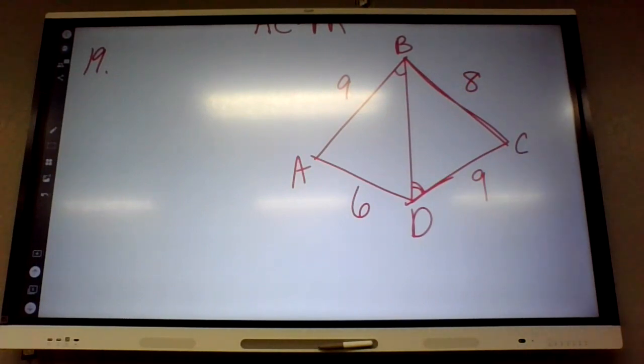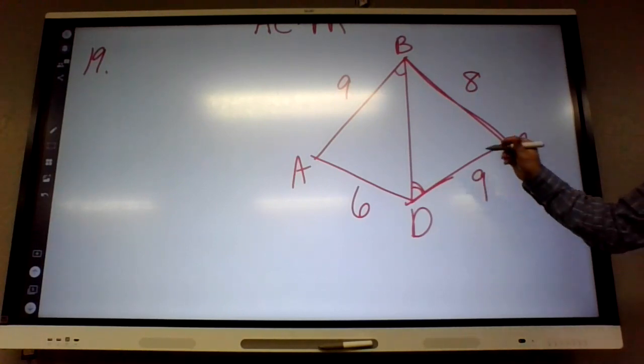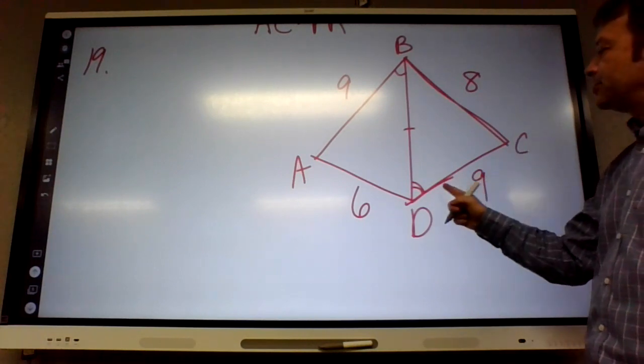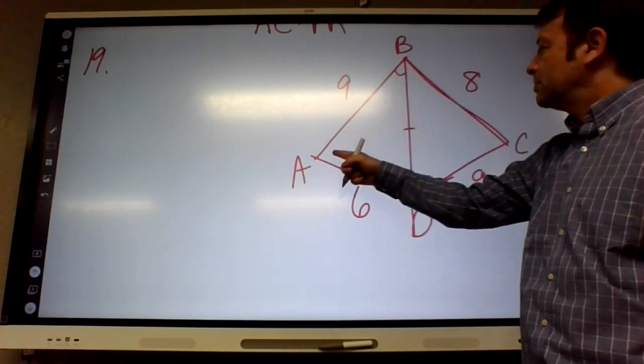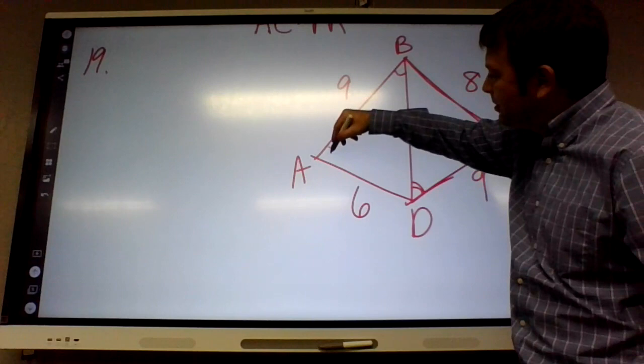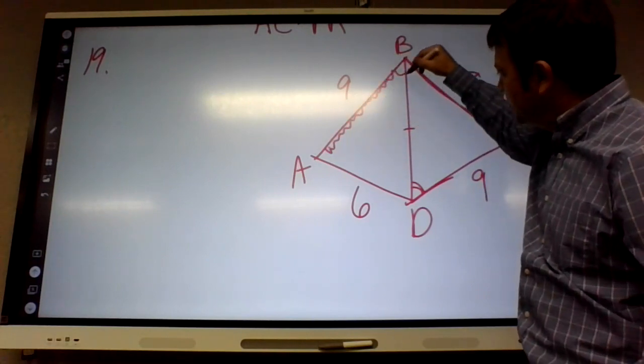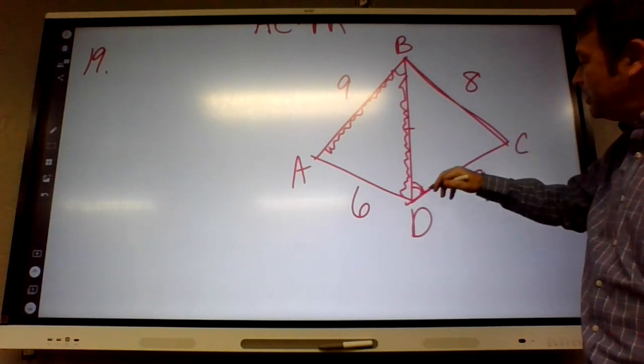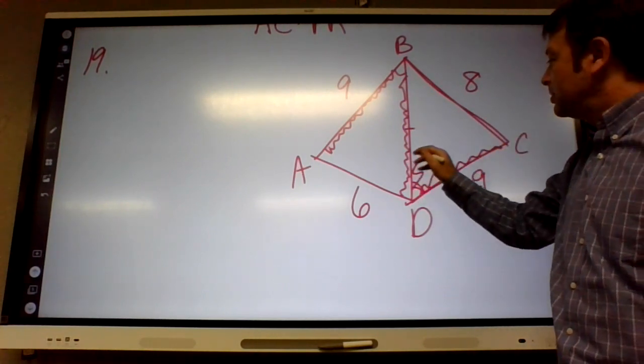Okay, so job number 1 is locate the twin alligators, the jaws. Well, since this is a shared side, that'd be one of them. And they also both have a 9. So the jaws are going to be the 9 and this side.